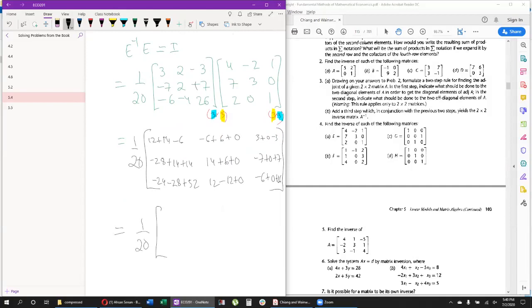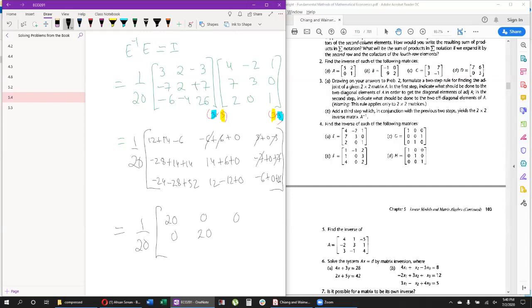Okay, let's see what we have. So 12 plus 14, 26, minus 6, so we have 20. 6 minus 6, 0. 3 minus 3, 0. Minus 28, plus 14 plus 14, 0. 14 plus 6, 20.